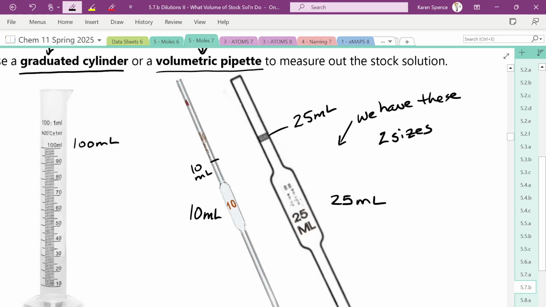The reason we would like to use these ones is because they are super, super skinny. The narrower the piece of glassware is, the more precise you can get your volume. Does it make sense that one tiny drop of liquid will make a bigger difference in height if the thing is very narrow?